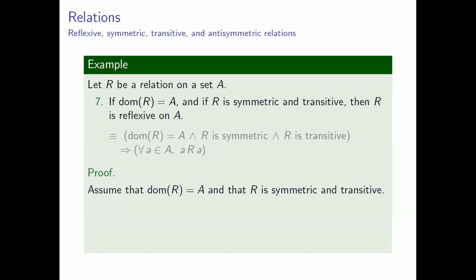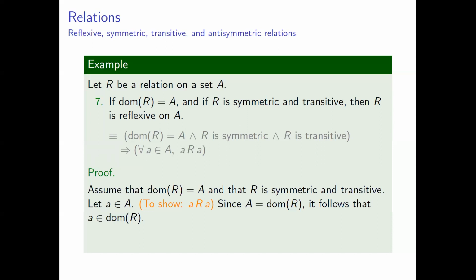To prove this, assume that the domain of R equals A and that R is symmetric and transitive. Let small a be an element of the set A. We need to show that a is related to itself under R. Since the domain of R equals A, it follows that small a is an element of the domain of R. Hence, there exists an element B of A such that a is related to B. Since R is symmetric, B is related to a.